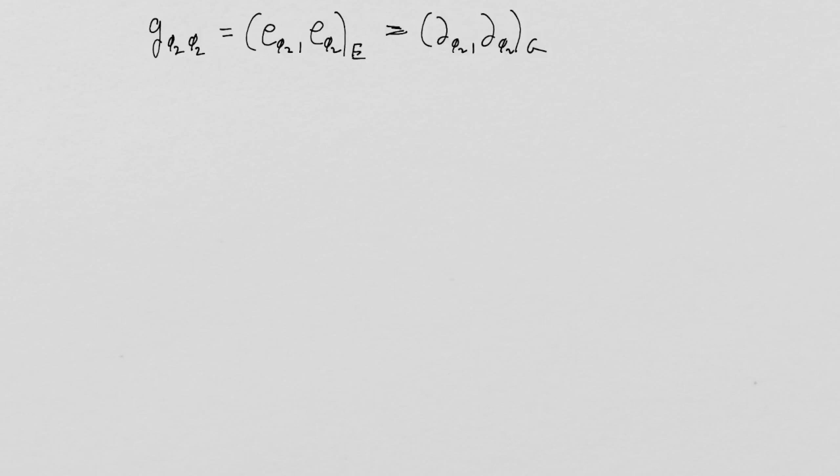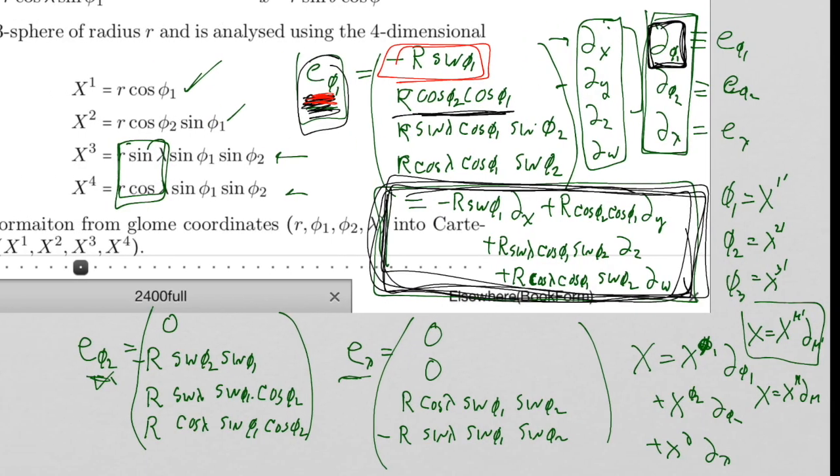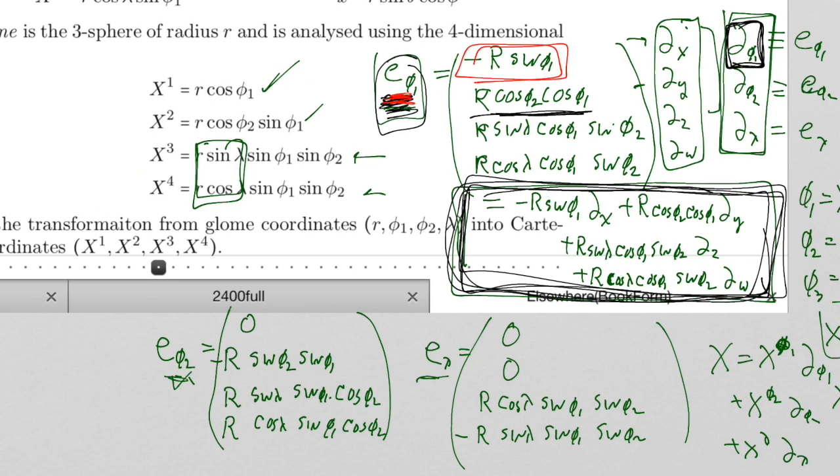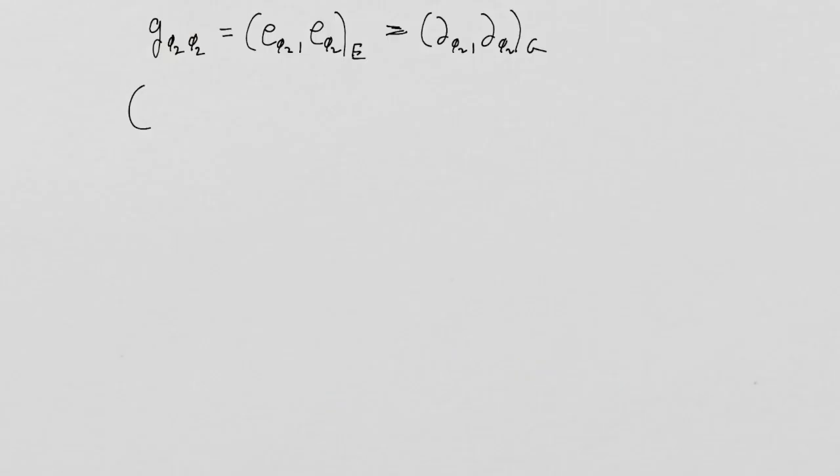And that one, let's see, so e phi 2, now I have to go back to here again, and now look at e phi 2. And this time, instead of guessing, what I'm going to do is I'm just going to take it and copy it over, because I made that mistake last time.